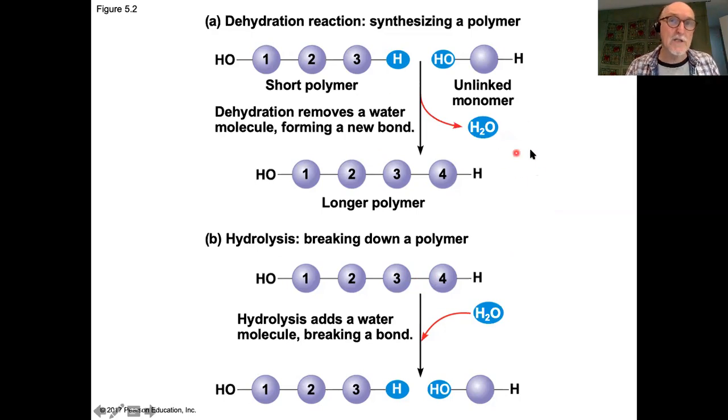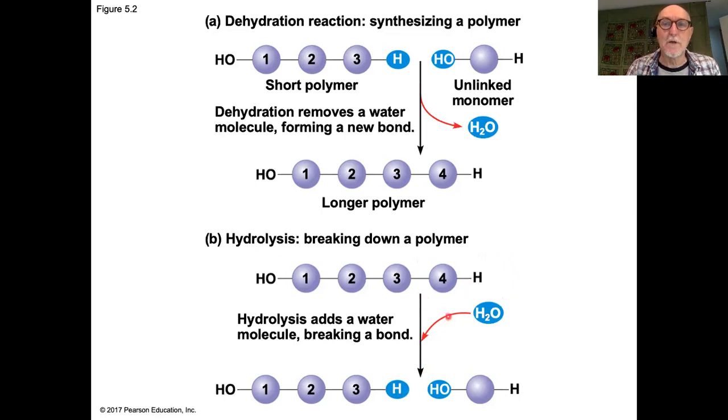These building reactions we call the anabolic reactions. They are the metabolic activity which builds biomolecules. Metabolic activity which breaks down is called catabolic. And as I say, it happens for a variety of reasons. Now, when we want to break down a polymer, we do so by adding water back into the bond.